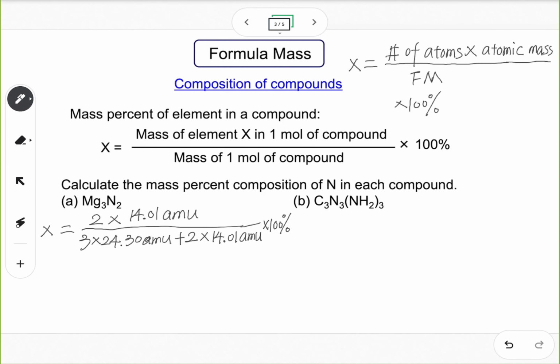Now on top, let me write one more step, it is 28.01 AMU.